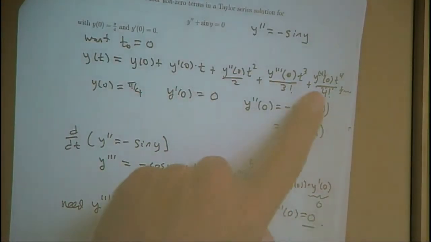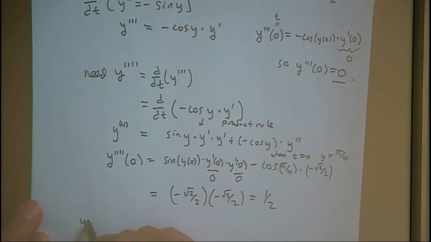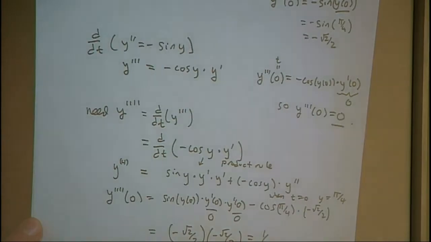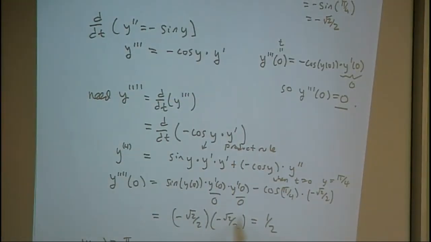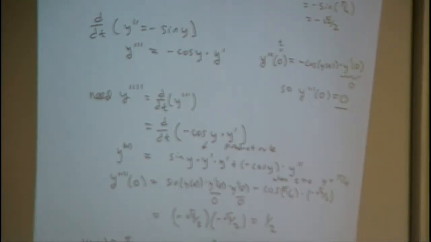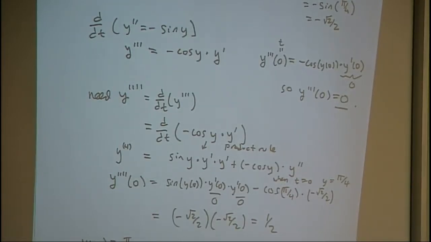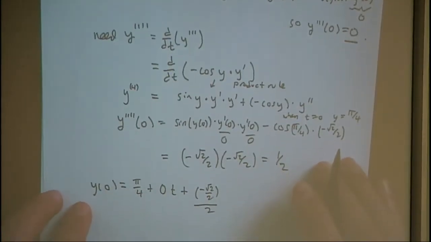But now we can plug into this, and we've got, finally, y of 0 equaling y of 0, let's see, y of 0 is pi over 4, plus y prime of 0, that was 0, t, plus y double prime of 0 was minus square root of 2 over 2. I need to divide that by 2. Oh, you can't see that.